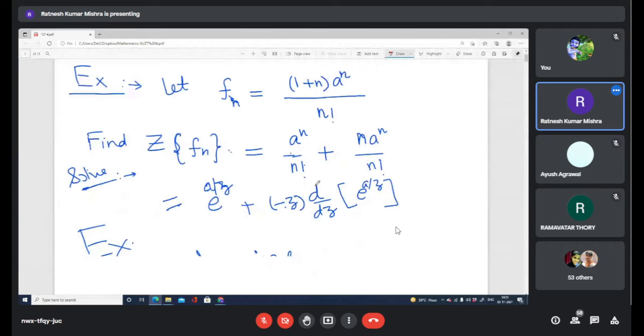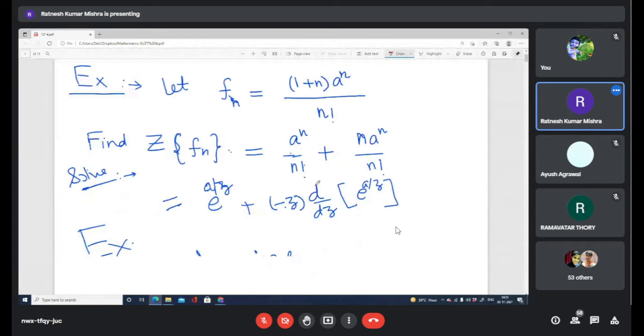plus p power n and q power n. Now this is the finite GP.